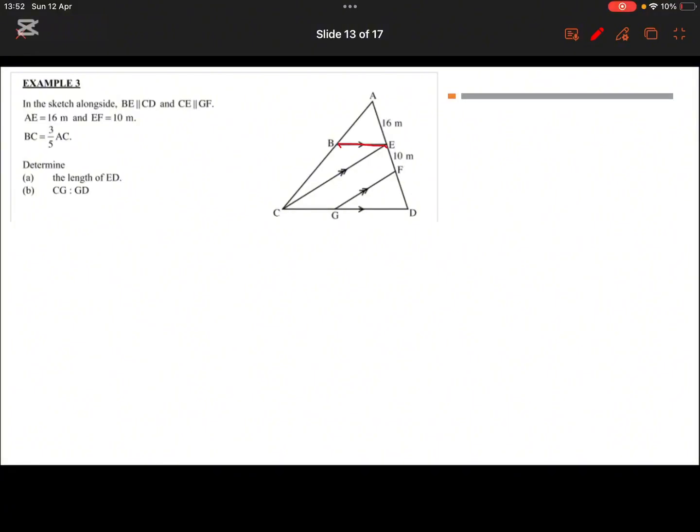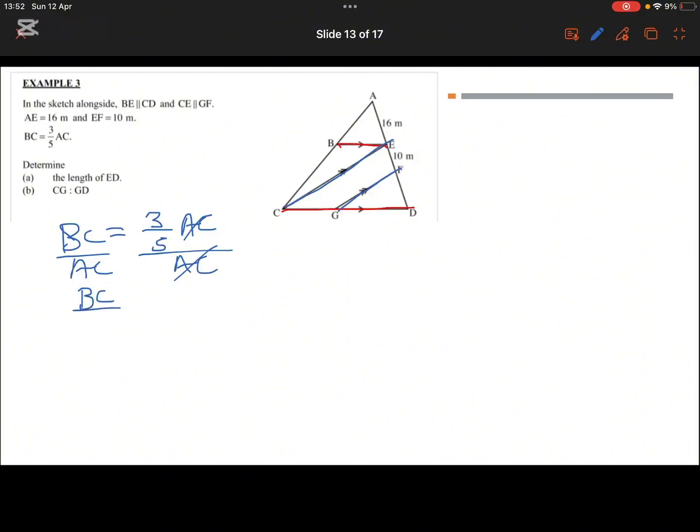In the sketch alongside, we're given that BE is parallel to CD, and again CE is parallel to GF, and then given the distances 16 meters, EF 10 meters. Now for BC, we're given that BC is equal to 3 over 5 AC.